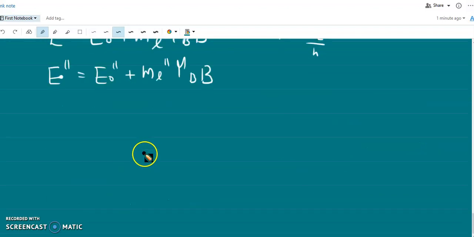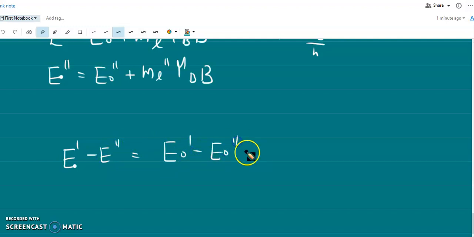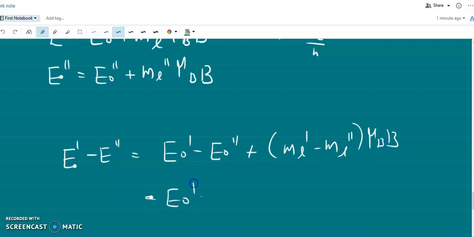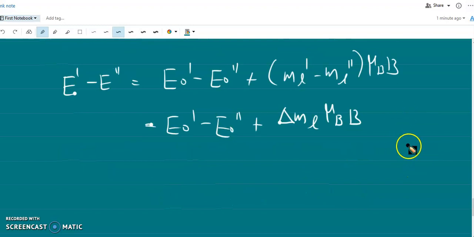But in the presence of the field, when the atom radiates, the energy is E prime minus E double prime, equal to E0 prime minus E0 double prime plus, with mu B B as a common factor, ML prime minus ML double prime into mu B B. So this is nothing but delta ml into mu B B. We know that delta ml can have three values: 0, plus or minus 1.